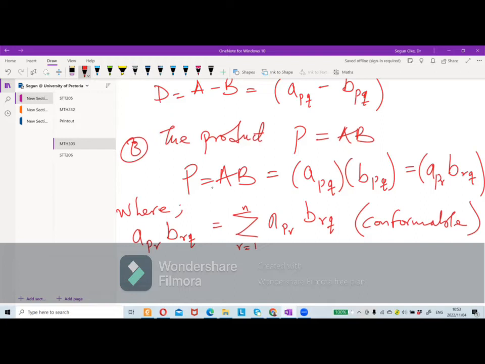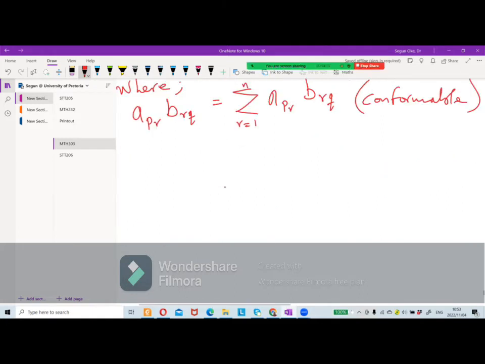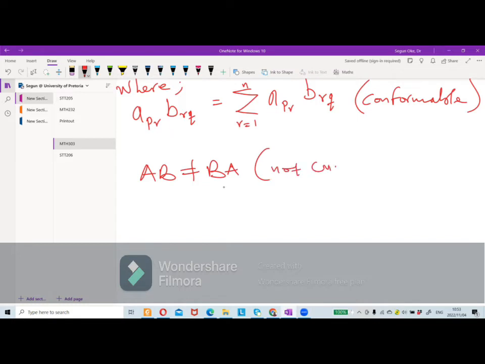So in general, multiplication of matrix is not commutative. When they say something is not commutative, that is AB is not equal to BA. Not commutative.